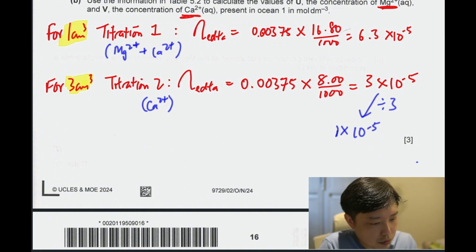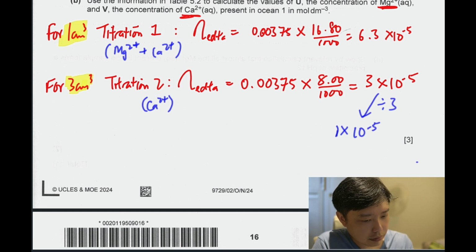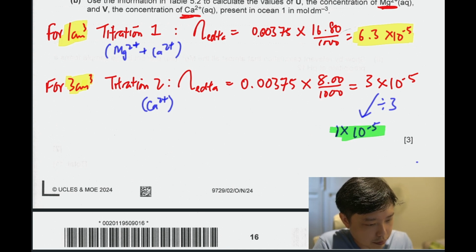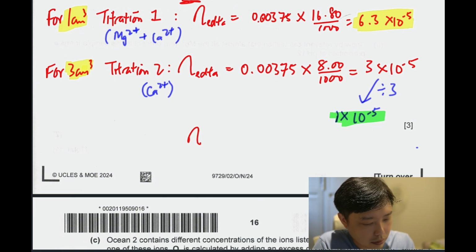So you just take the total amount of EDTA used for both cations minus off the amount that you use for calcium. Then you will get the amount of EDTA, which is the same as the number of moles of magnesium.